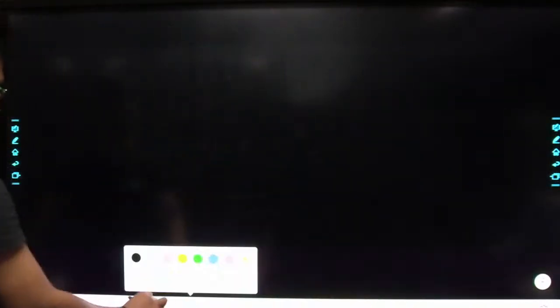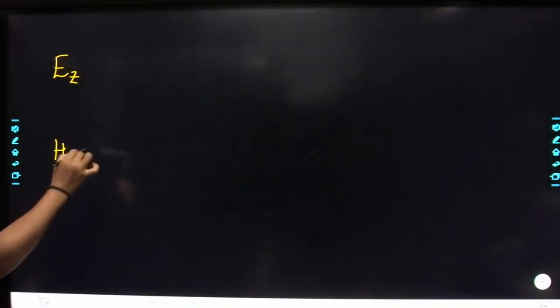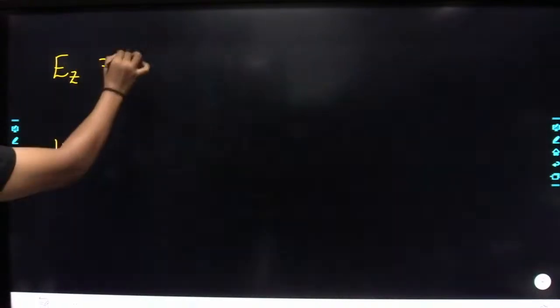So with the help of these boundary conditions we have written the z component of electric field and the z component of magnetic field, right? So what is the z component of electric field?